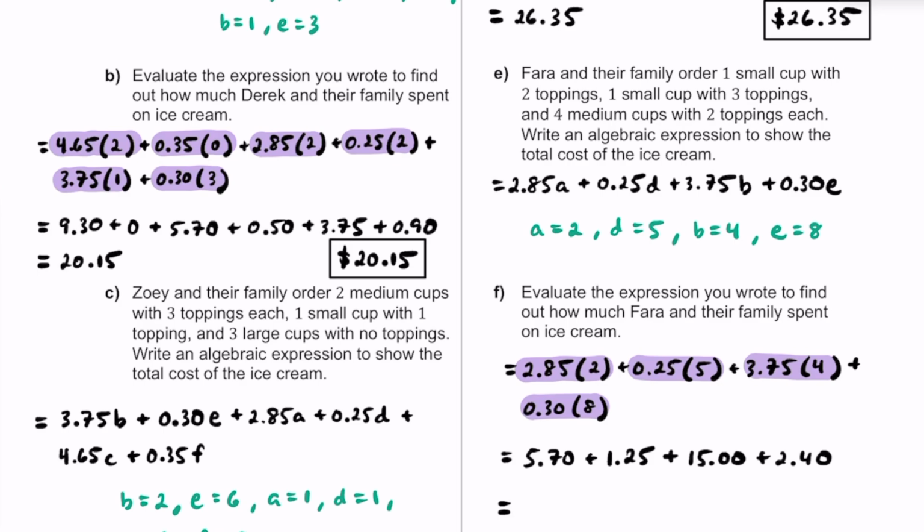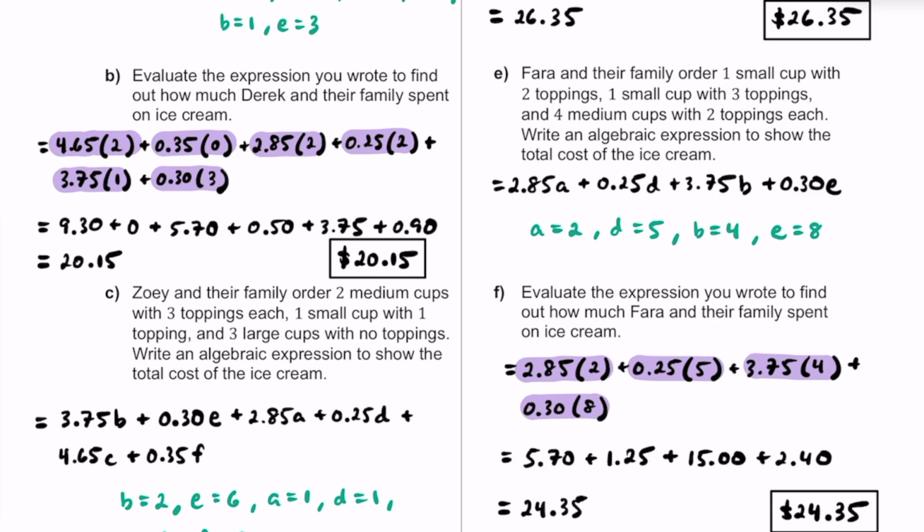So let's go ahead and add all these up. So we have $5.70 plus $1.25 plus this $15 plus the $2.40. So I think we have a total here of $24.35. So for the total here, Farah and the family are going to spend a total of $24.35. That'll be our answer.